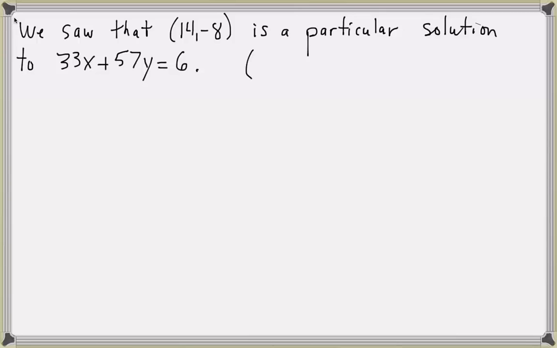You can verify this: if you multiply 33 times 14 plus 57 times negative 8, you do get 6.